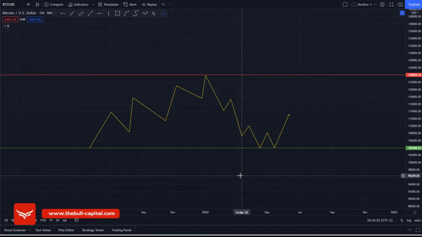Now, what is support and resistance? It's one of the most widely followed technical analysis techniques in the financial market.